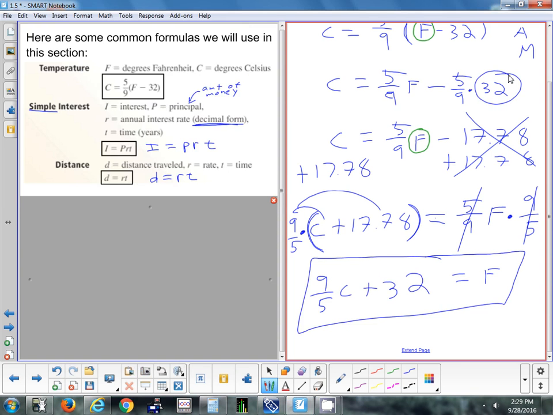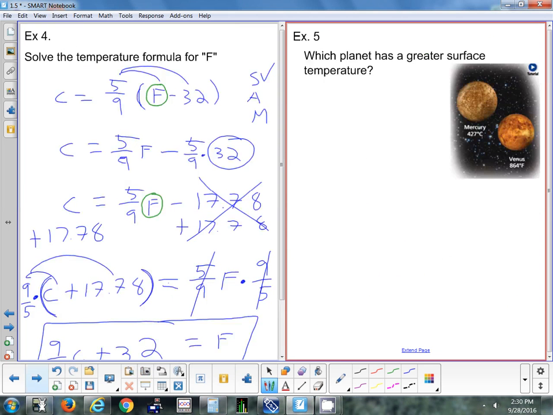Now, we have the formula all set to go. Right here, the 9/5 C plus 32 equals F. My mistake, you want to make that full page for me?